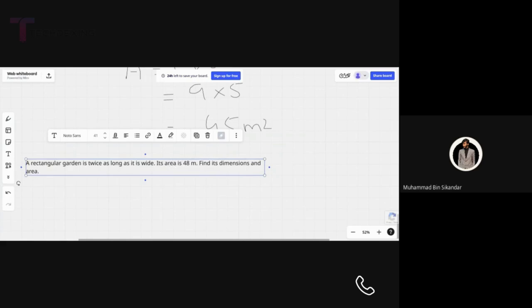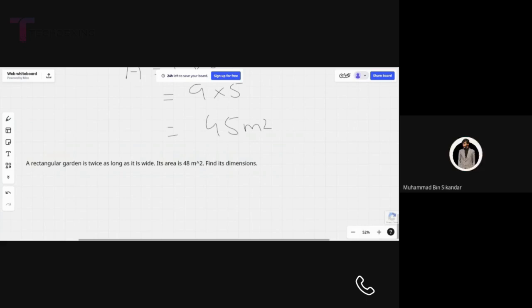Its area is, let's say, 48 meters square. Now you don't need to tell me the length and width of it. What possible pairs can you find? You need to make sure that the garden is twice as long as it is wide.